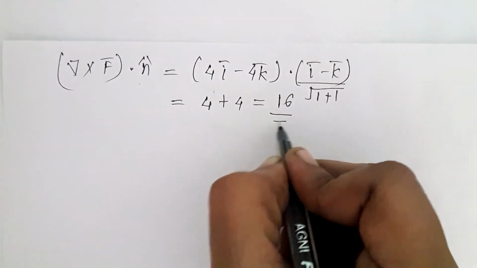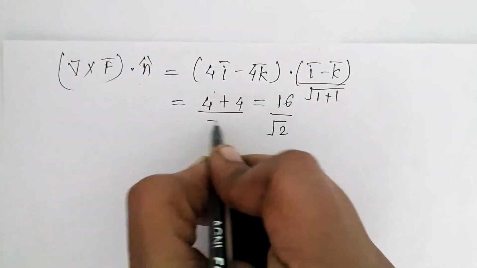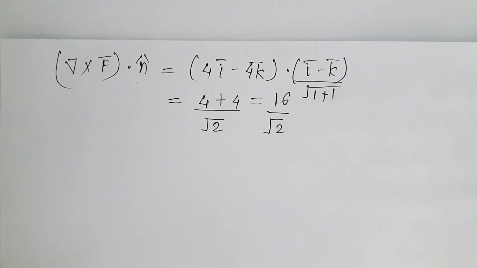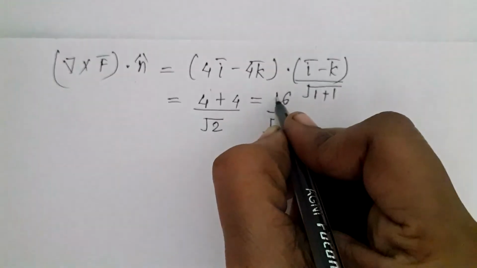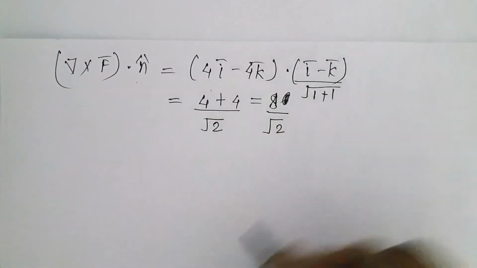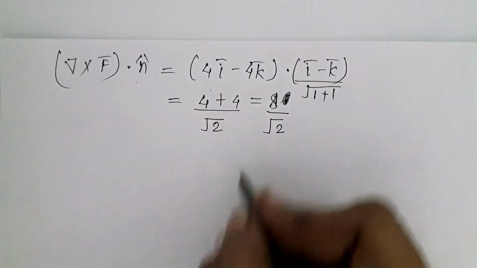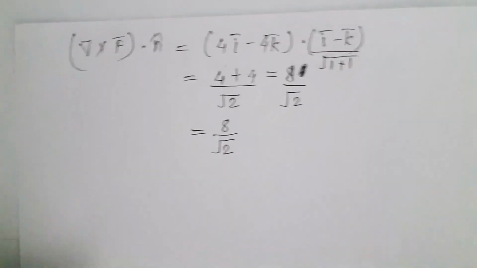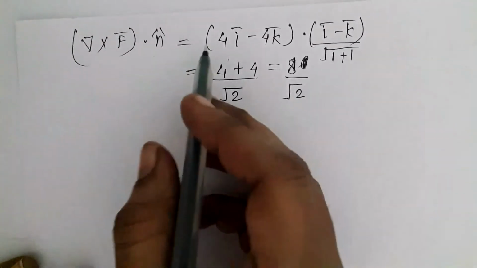So it is 8 divided by root 2. So del cross f dot n cap is equal to 8 divided by root 2.